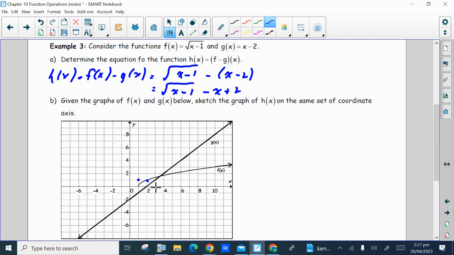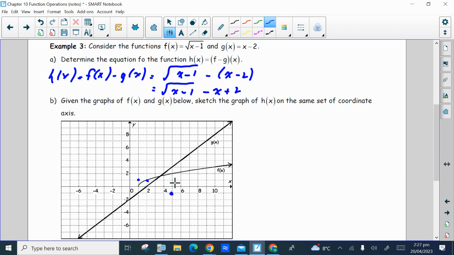The next point we can probably use would probably be not till x equals 5, because we can say what the y values are. The y value of f is 2 minus a y value of g, which is 3. 2 minus 3 is negative 1, which is right there.